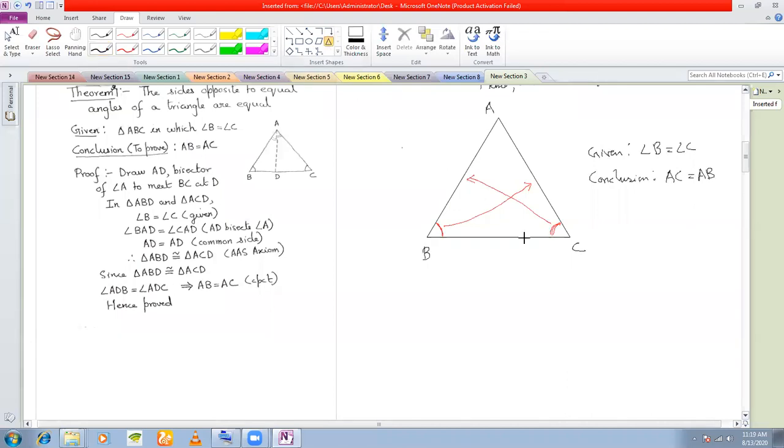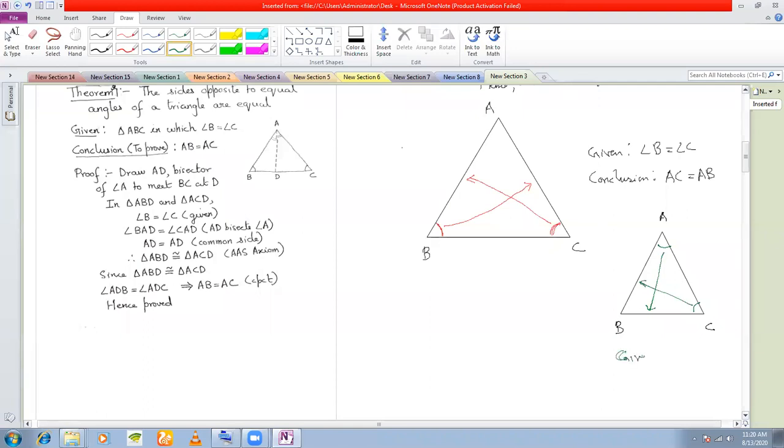Similarly, if in another figure it was given to you that, instead of these two angles, these two angles are equal, then I would have concluded that the sides opposite to them are equal.